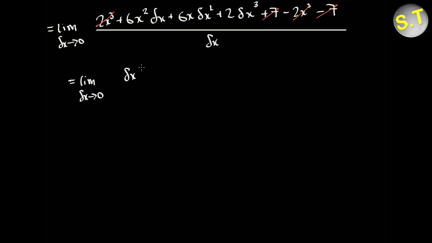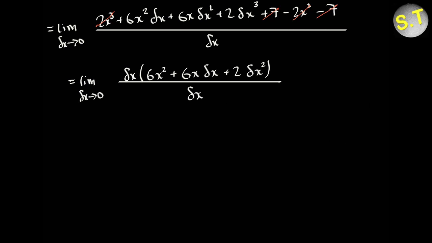And then factoring out delta x on the top, we have delta x times 6x squared plus 6x delta x plus 2 delta x squared. And then as always on the bottom, you have our delta x.